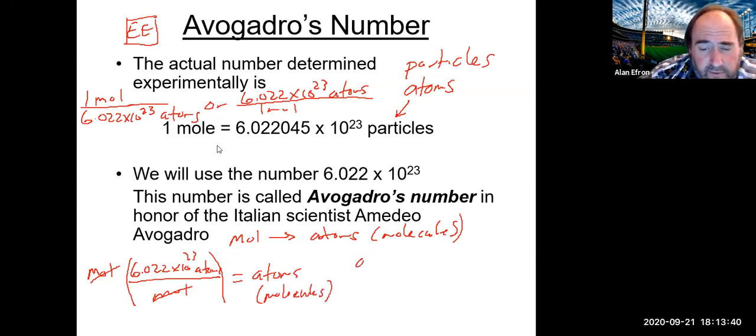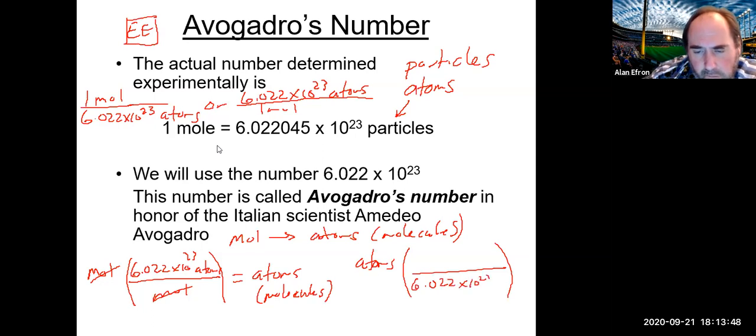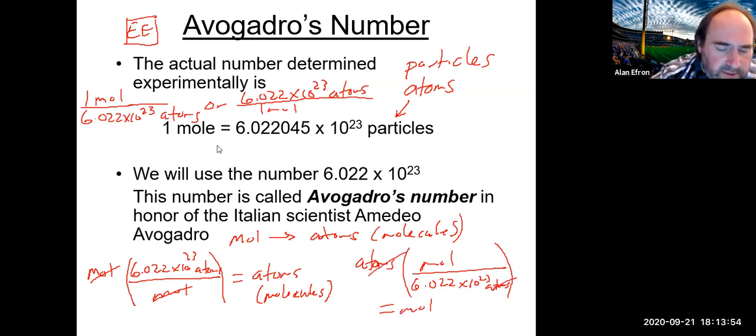Or if you're starting with atoms or molecules, you would divide by Avogadro's number, and the atoms would cancel and leave you with moles. So again, usually this is really the only place where we'll use Avogadro's number, to do that conversion. And again, it could either be atoms or molecules, which is your most common one.